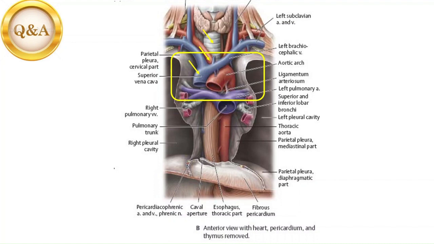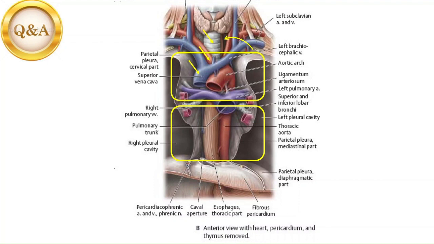Then you have posterior to the arteries is the trachea, and then the esophagus, and the curved arrow is pointing at esophagus, which is the most posterior part of the contents of the superior mediastinum.